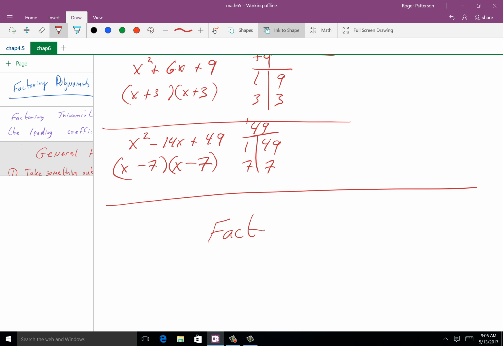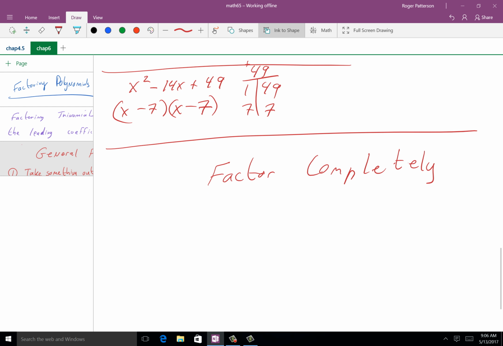On your test, when it comes to factoring, all I'm going to say is factor completely. So then they're going to give you a problem, and you get to figure out which method you're going to use.